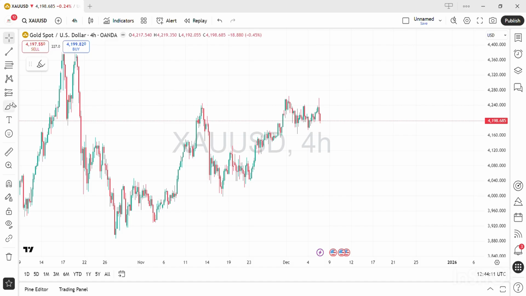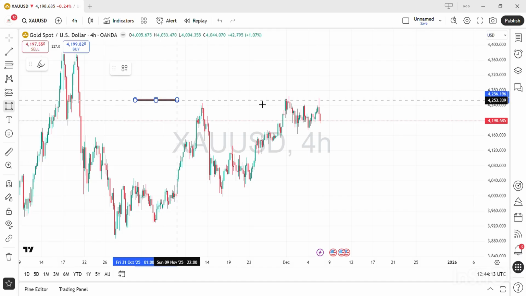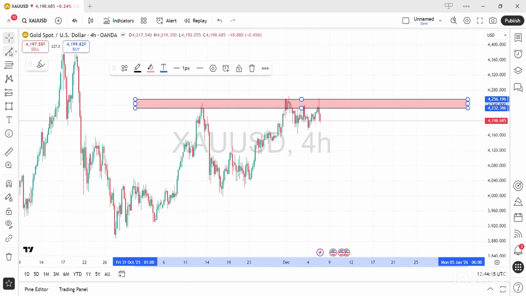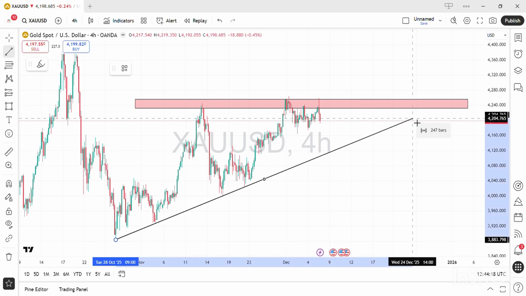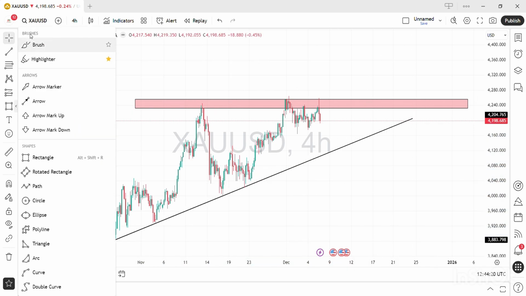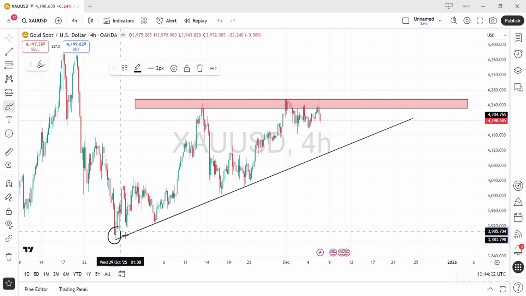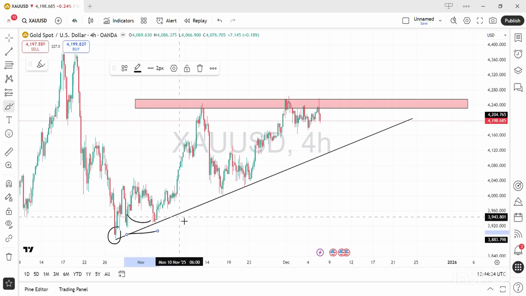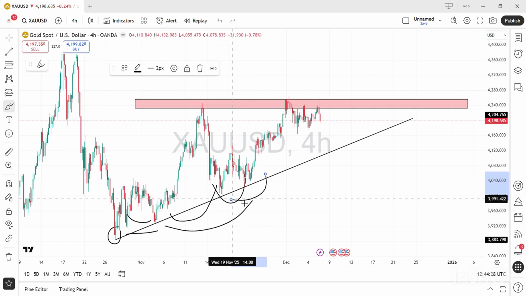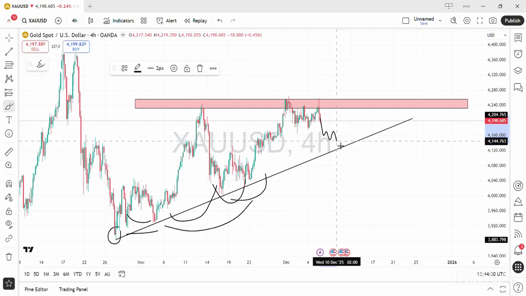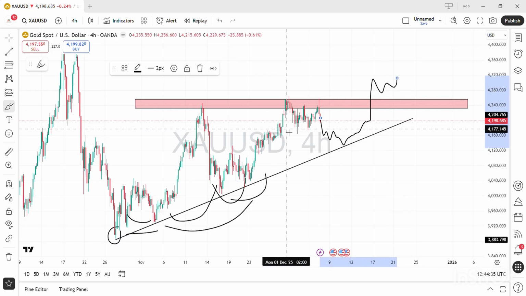Let's draw it again. This is, and this is. Okay, the structure is very similar. This is the first low, the second low is higher than the first low, the third low is higher than the second, the fourth low is higher than the third, and now here the market will make a low if it tries to break below that structure.